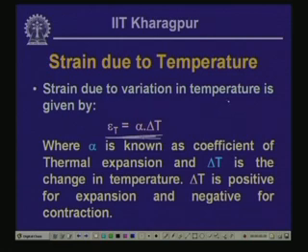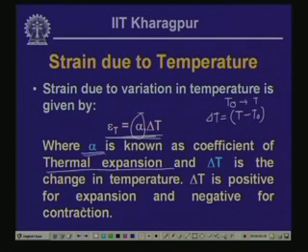Let us say the initial temperature is T suffix 0 and the final temperature is T, then delta T is equal to T minus T 0, and alpha is a term known as the coefficient of thermal expansion. So, the strain due to temperature variation is given as alpha times delta T, or T minus T 0.